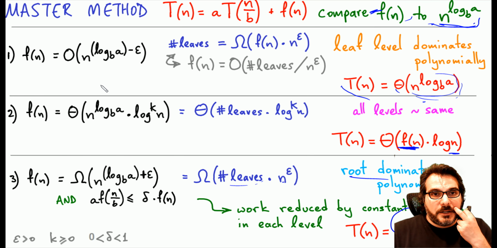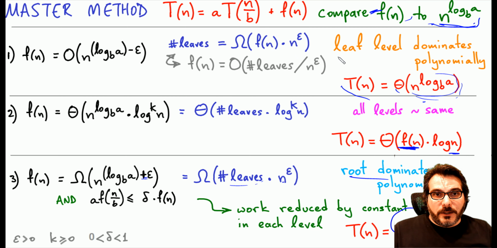And then here nothing changes, so the epsilon value will be added to this one over here because of the exponential power. And for case 1, yes, the leaf level was dominating, so you decide the upper bound should be from the root, basically the root cost times n to the power of epsilon. Still the same thing, it's just basically the reverse.